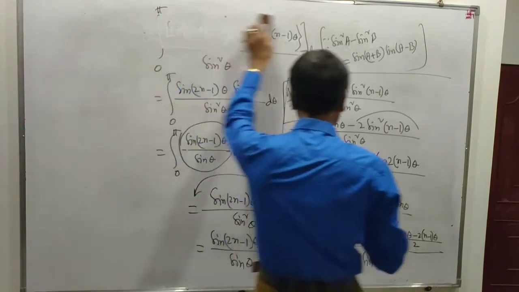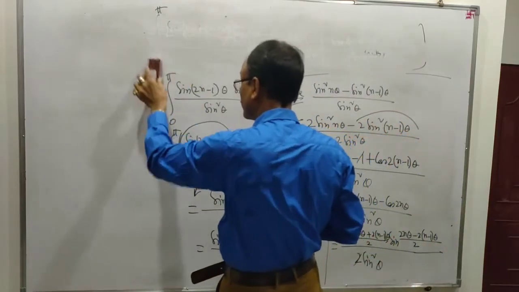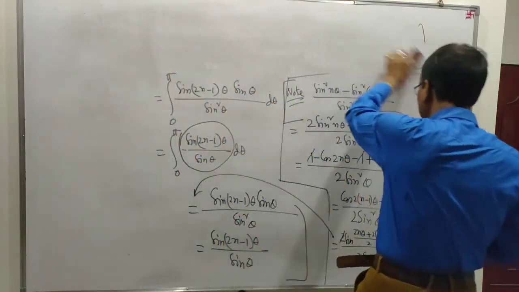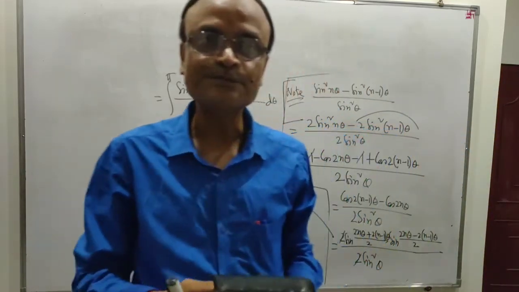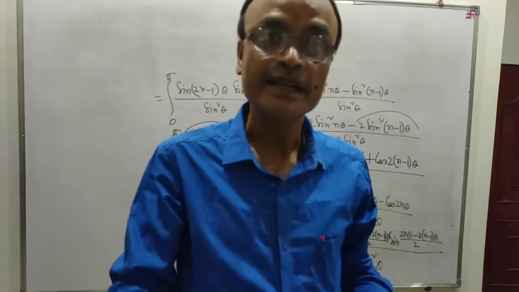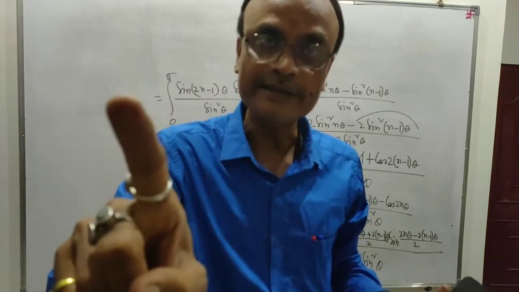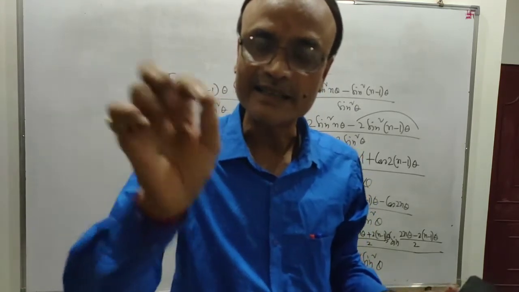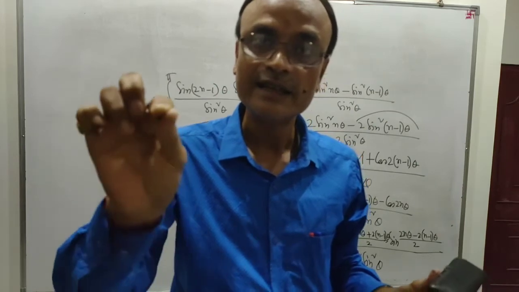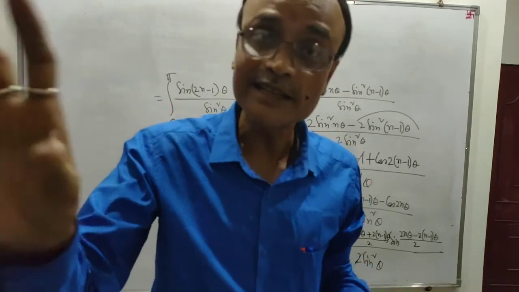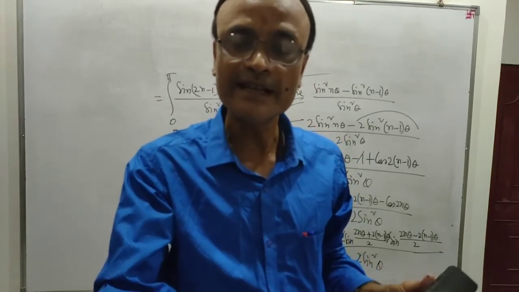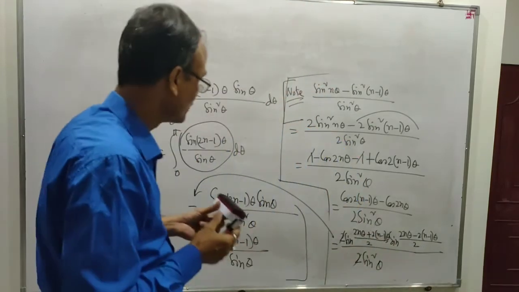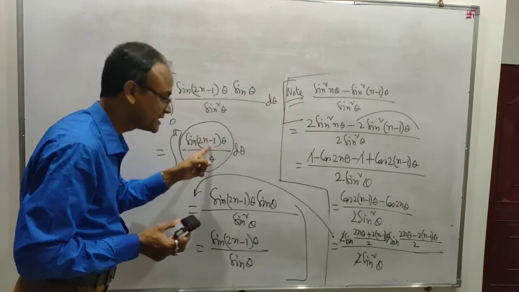Now in the previous, in the second part, we proved that integration 0 to pi sin n theta divided by sin theta equal to pi if n is odd, and it is equal to 0 if n is even. Now you see, what is twice n minus 1?